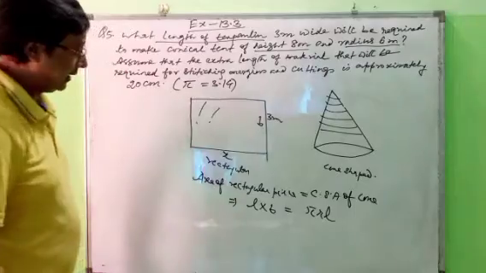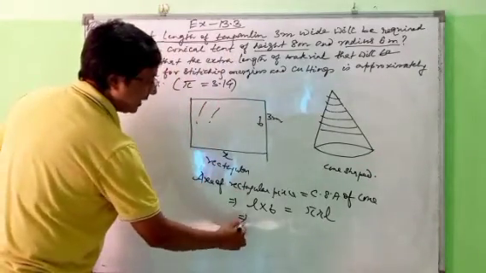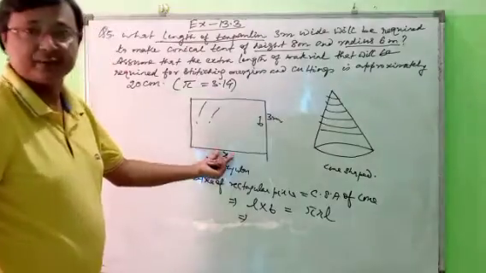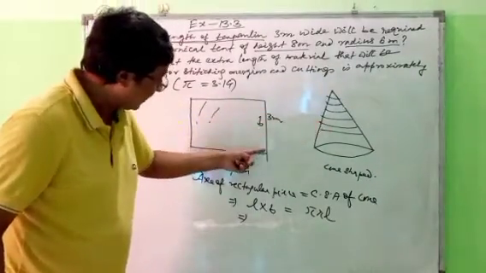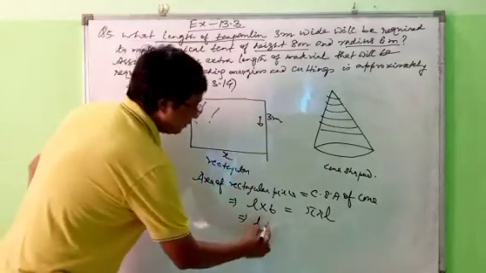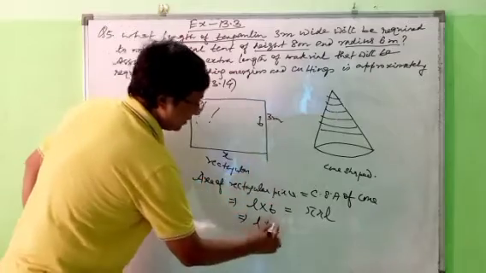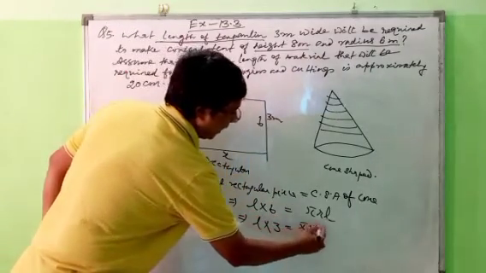Now you are going to find the length of the tarpaulin cloth that is actually used in making this tent. This is the breadth, this is the length. So length into breadth, where the breadth is 3 meter, equals pi r l.